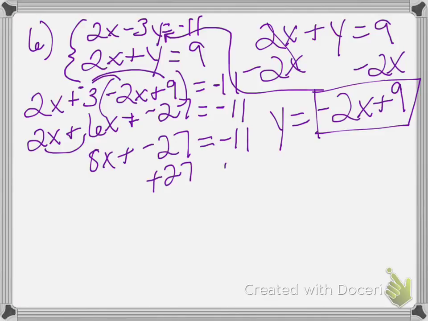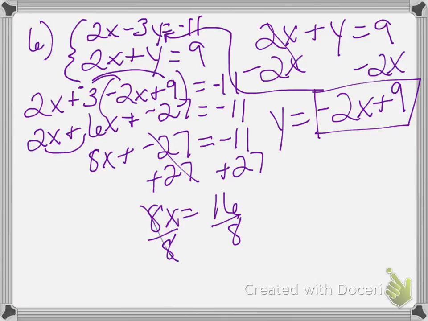Add 27 to both sides. 8x equals 16. Divide both sides by 8. X equals 2.